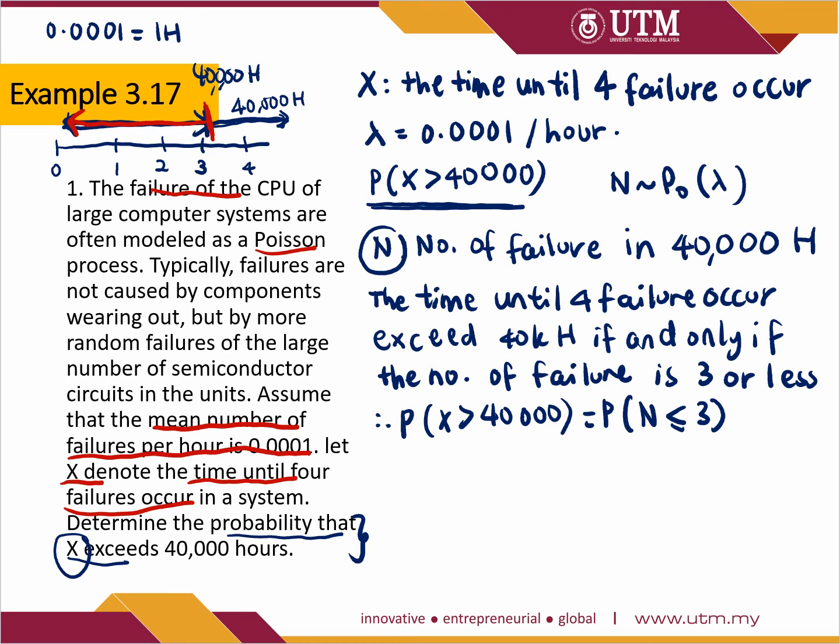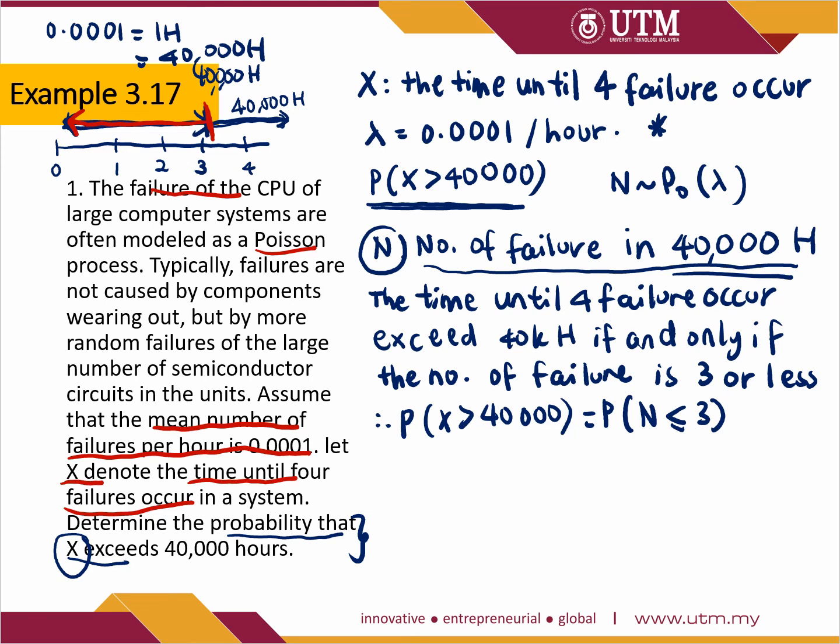Given that the rate here is per hour, for 40,000 hours we multiply the rate per hour by 40,000.